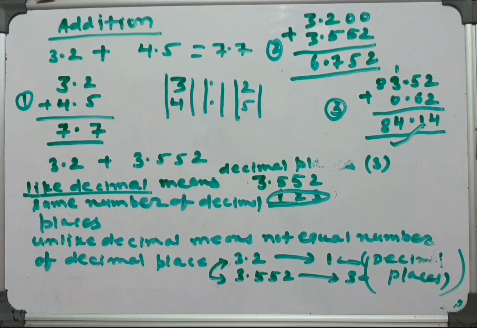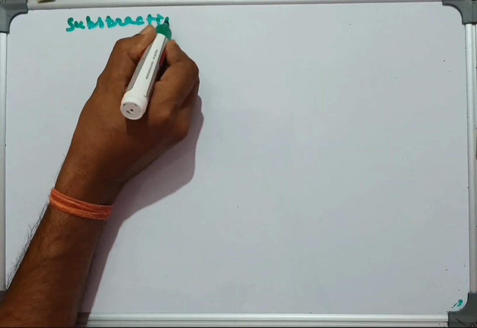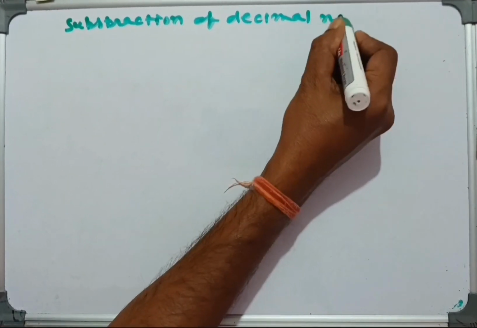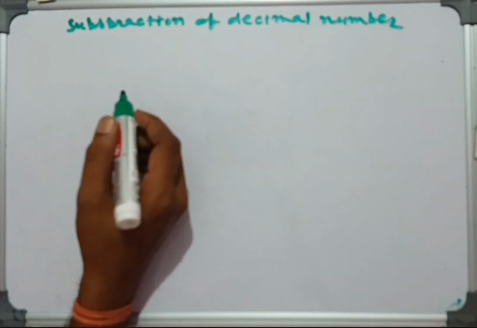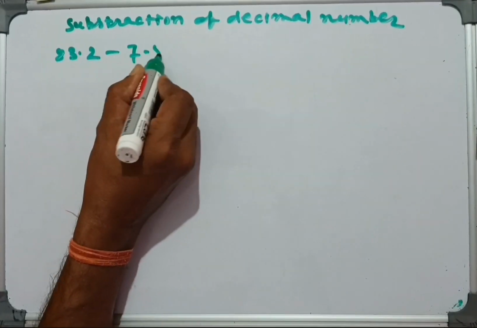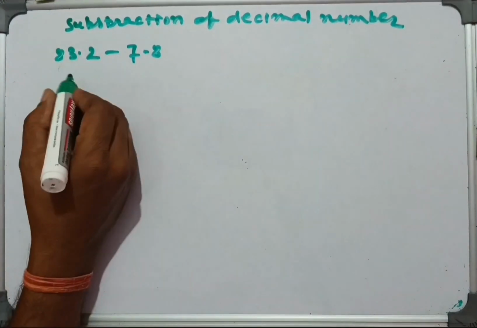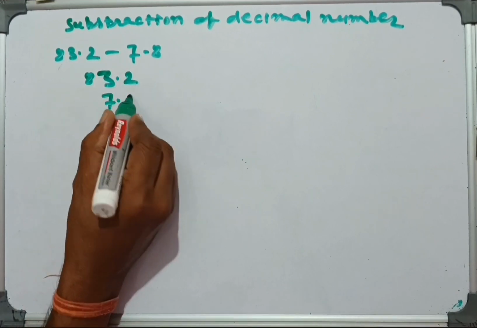Now guys, we will go ahead with subtraction of decimal numbers. Now suppose you are given two numbers like this. How could you make the subtraction? The solution of this question is 83.2 minus 7.8.